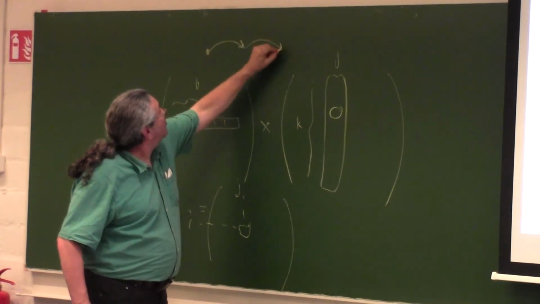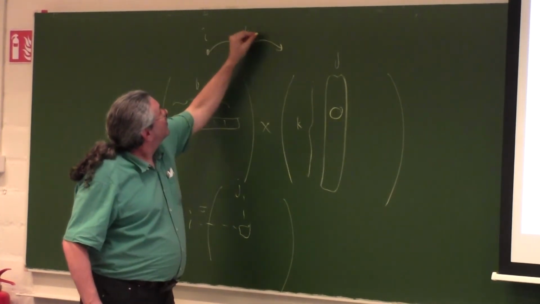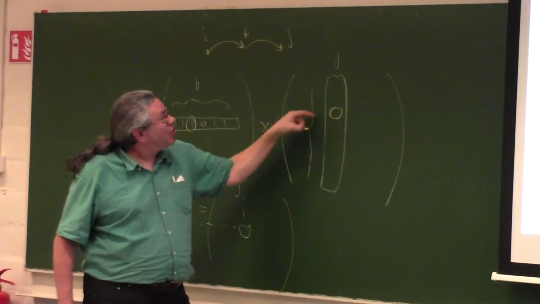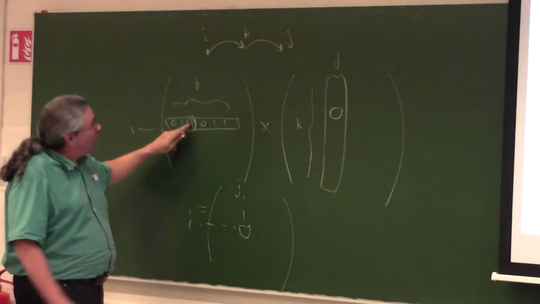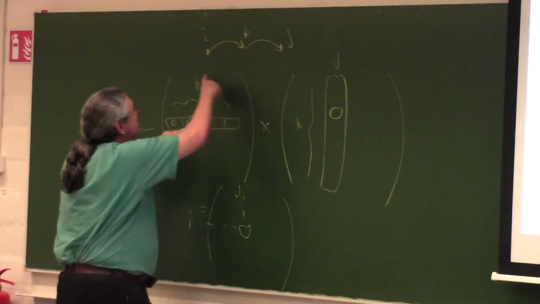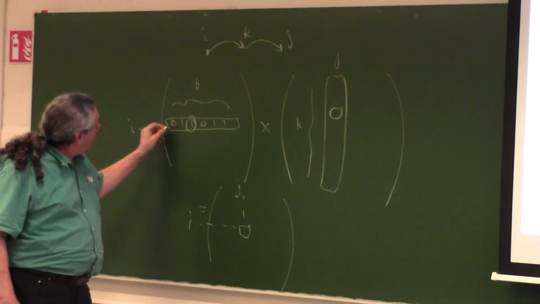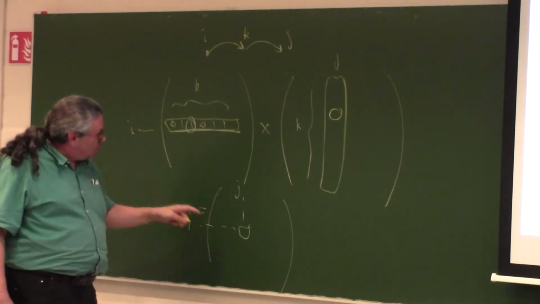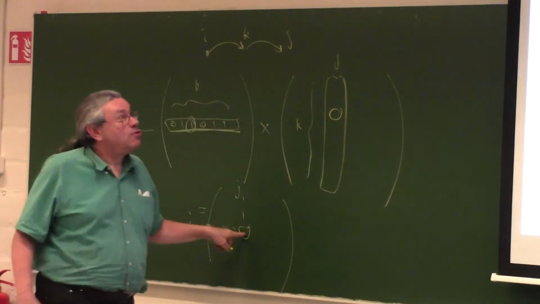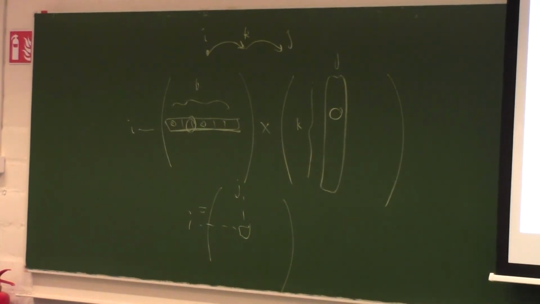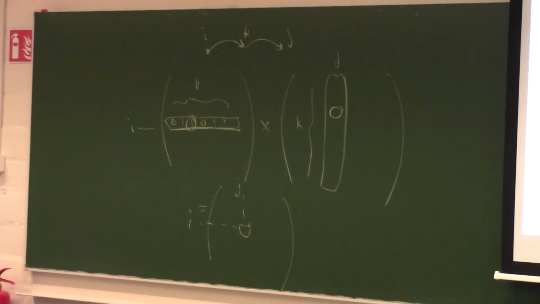That's a 2-hop path, from i to k, and from k to j. And if both of these are 1, then this is going to give a 1 here. And if I count all of these, this will give me the number of 2-hop paths. So that's neat, huh? The adjacency matrix gives you this useful information.